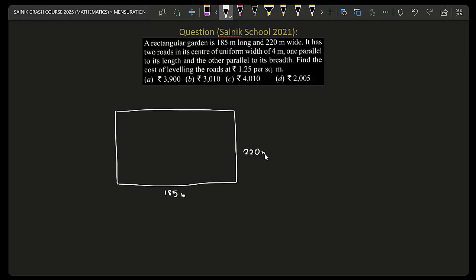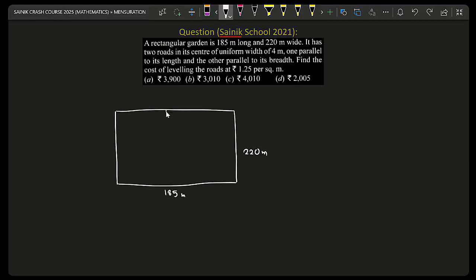This figure is not according to the scale. 185 meters should be smaller than 220, but it is not according to the scale. No problem. So 185 meters is the length, 220 meters is the breadth. Then there are two roads in the width of 4 meters. How do I have to draw those two roads? From the center of 185 draw a line here and there.